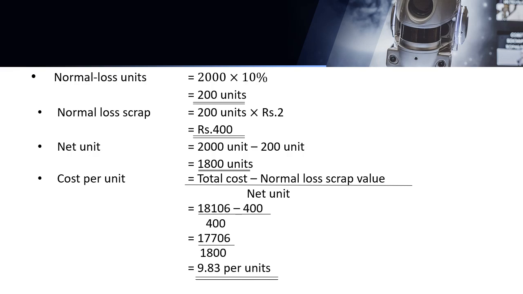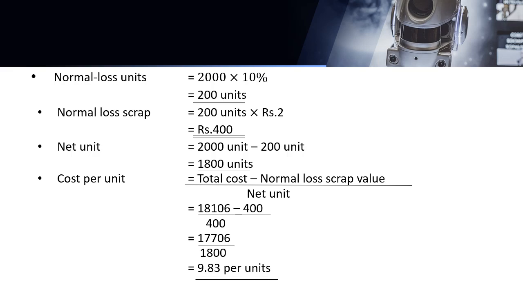Next, calculate the normal loss units. Normal loss units equal 2000 multiplied by 10%. Answer is 200 units. Next, calculate the normal loss scrap value. Normal loss scrap value equals 200 units multiplied by 2 rupees. Answer is 400 rupees. Next, calculate the net units equal to 2000 units minus 200 units. Answer is 1800 units.